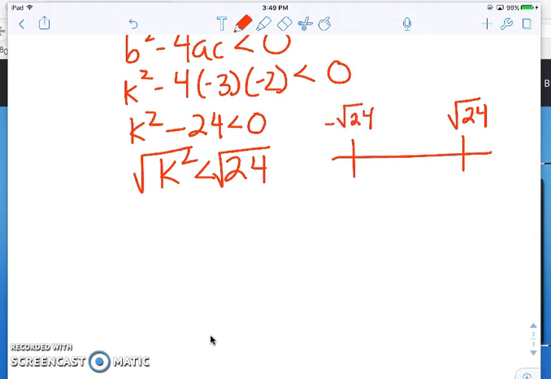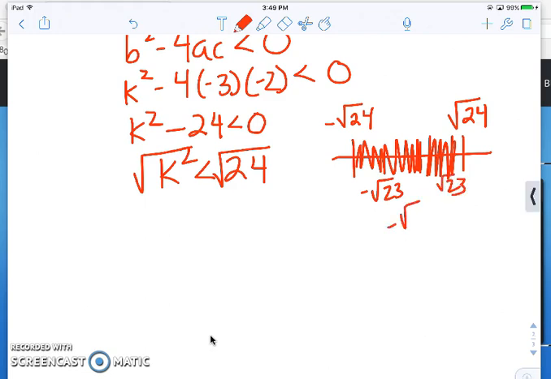So for it to be less than, it could be in between these values, because the square root of 23 would be less than that, positive and negative. So we would say that k has to be in between those values.